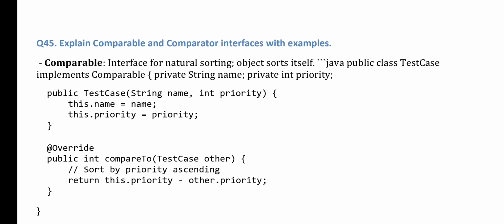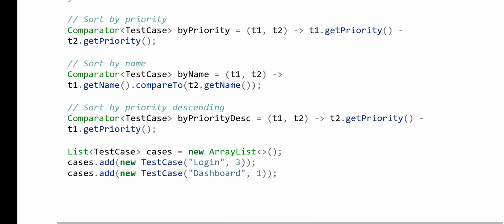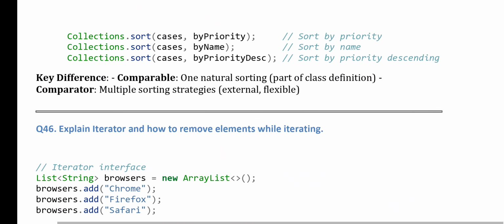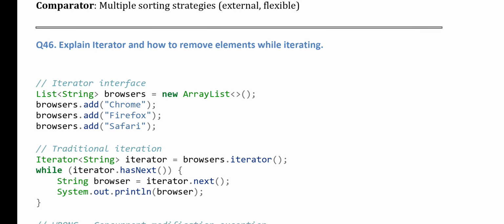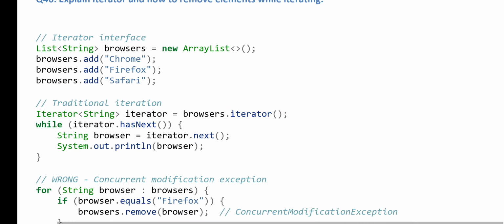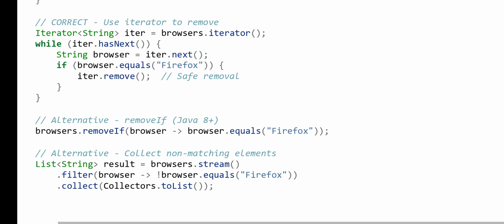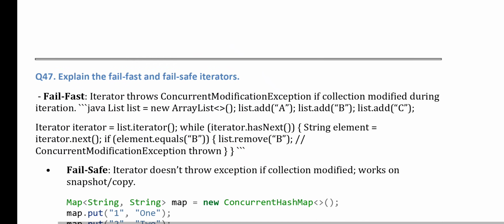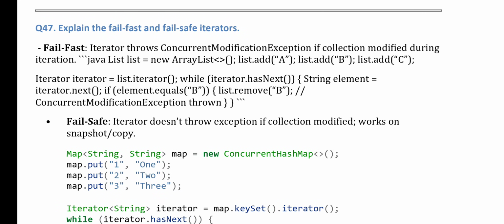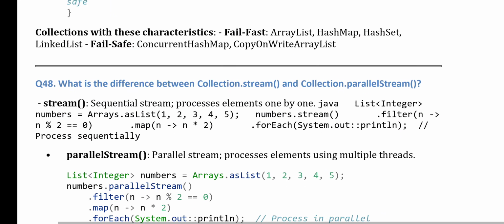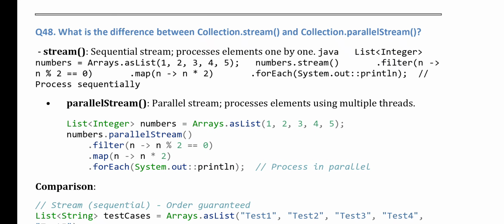Explain Comparable and Comparator interfaces with example. Explain the iterator and how to remove elements while iterating. Explain the fail fast and fail safe iterators. What is the difference between collection.stream and collection.parallelStream?